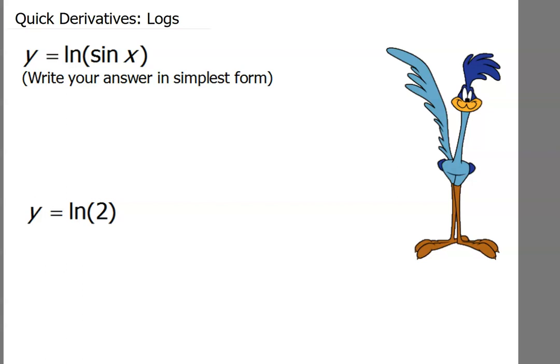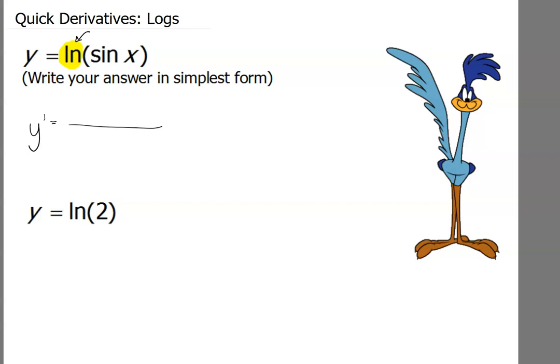So for the first one, as soon as I see a natural log and I want to take a derivative, I'm going to remind myself that the derivative is going to have a denominator in it. It's not going to have a log in it. The guy outside, just move some stuff around.